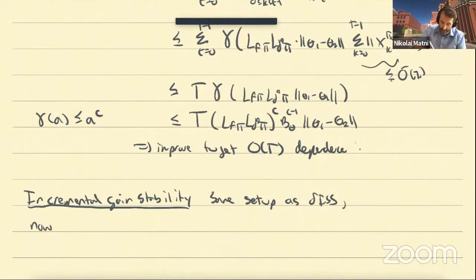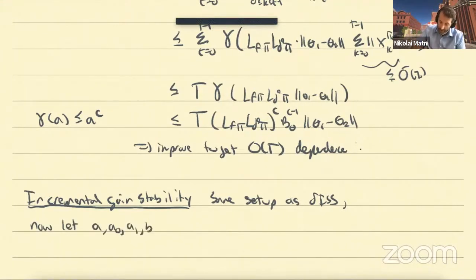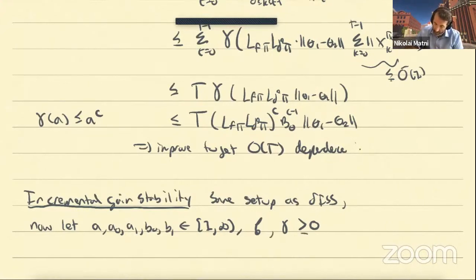Now we're going to let A0, A1, B0, B1 be constants that are greater than 1. And zeta and gamma are just constants that are greater than 0. Actually, without loss of generality, we're going to assume that they're greater than or equal to 1.